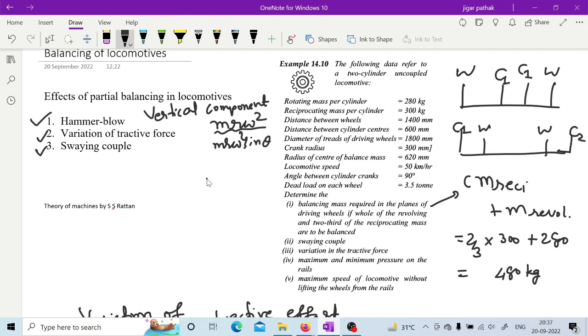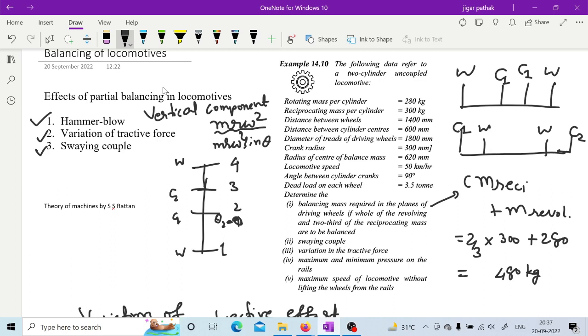If you consider planes 1, 2, 3 and 4, take plane 1 as the reference plane and consider theta 2 equal to 0 degree.